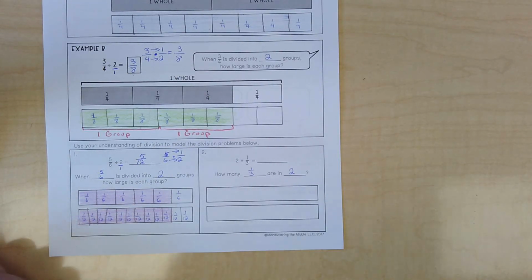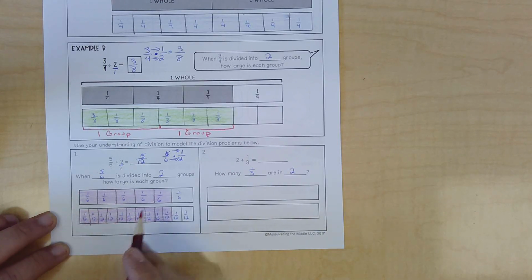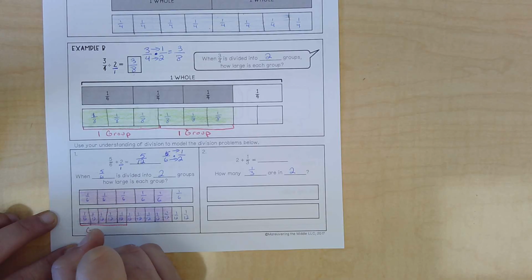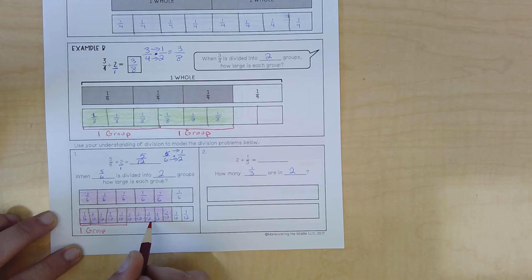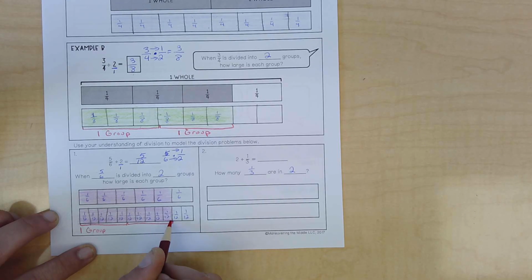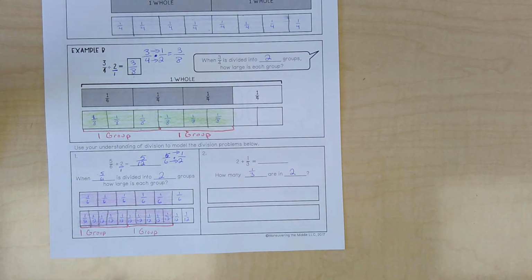So, since we already solved it, we know that we should have 5/12 in each group. 1, 2, 3, 4, 5. Here's my first group. That's one group. 1, 2, 3, 4, 5. My other group, and that's what it looks like for that particular problem.